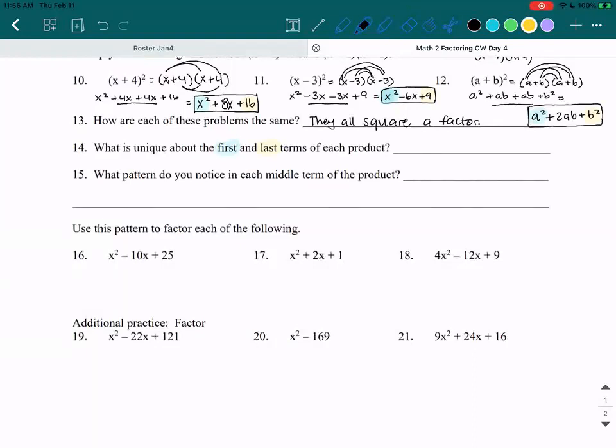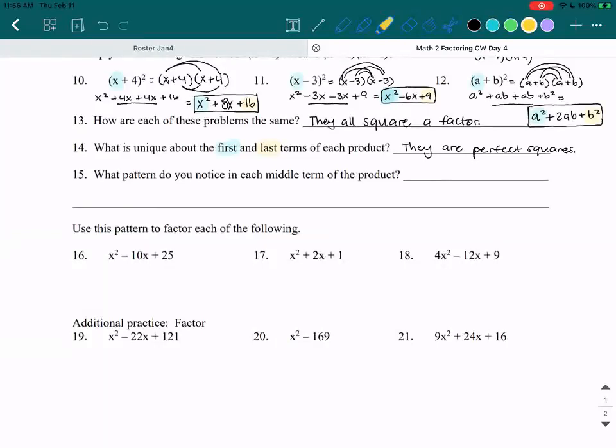So they are perfect squares. And what do I mean by that? Well, x squared is literally this number squared, and then in number 11 is literally that x that's being squared, and then number 12 is literally that a being squared.